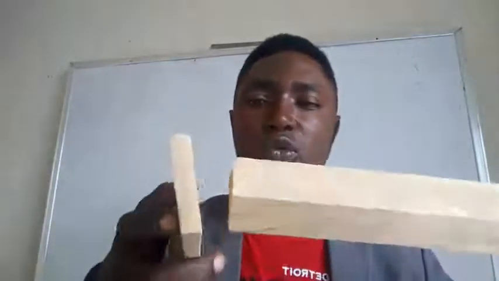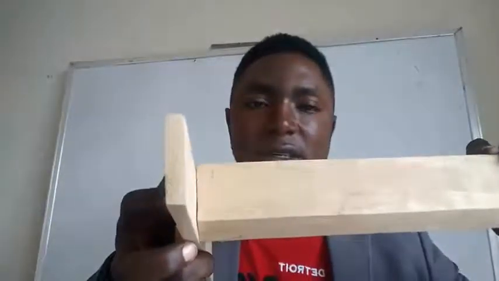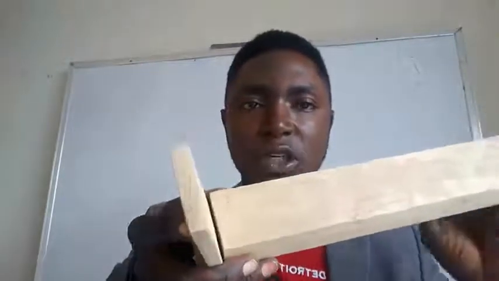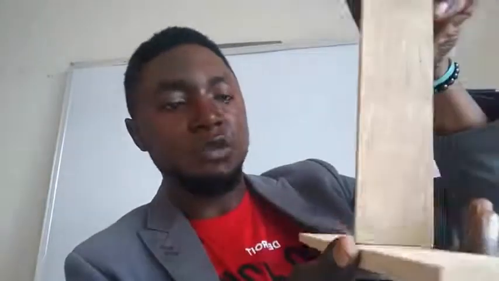The meaning of articulate means intersect or meet at a point. And you can see we have wood piece 1 and then piece 2. When these two wood pieces meet at a point or articulate at a point, they create what we call a wooden joint.